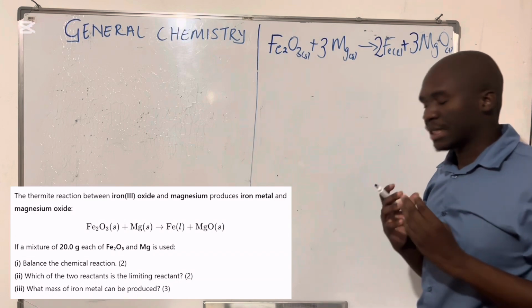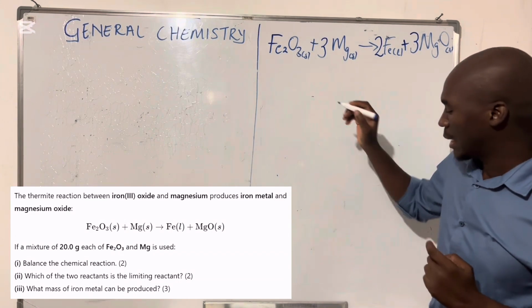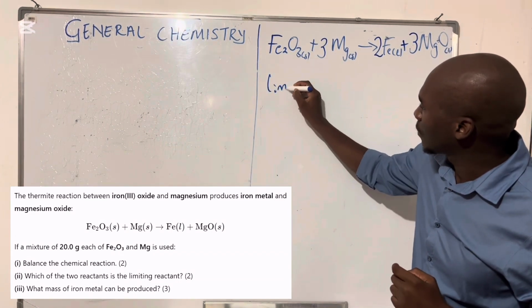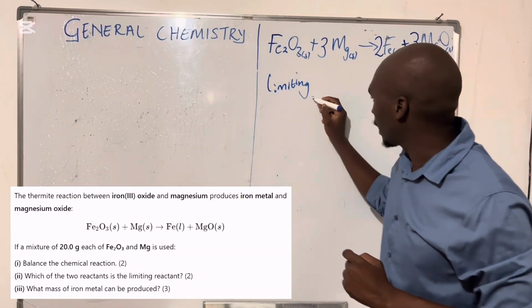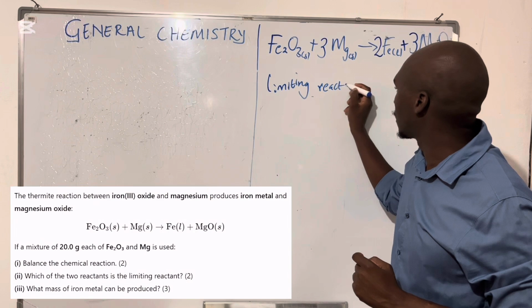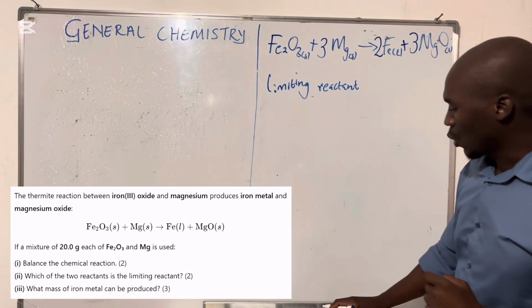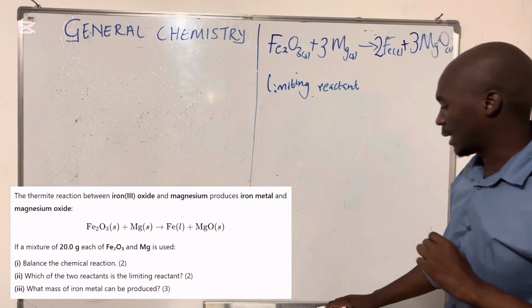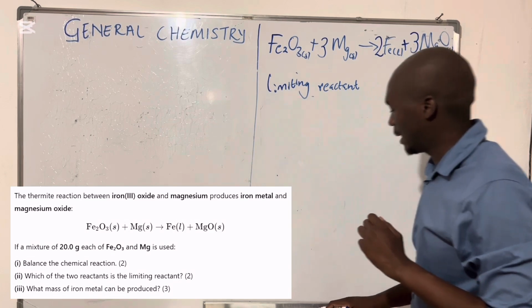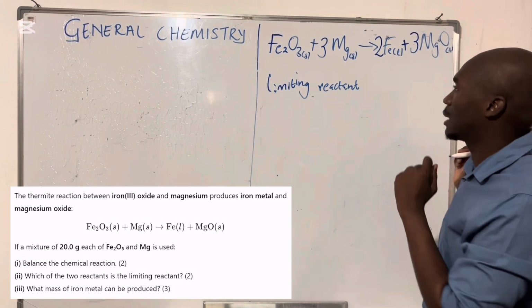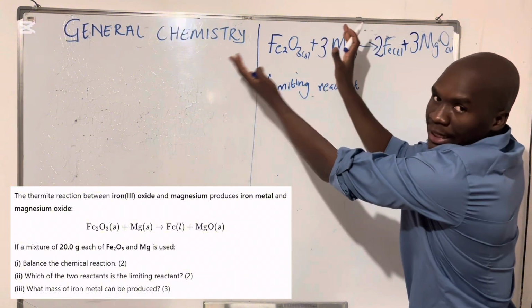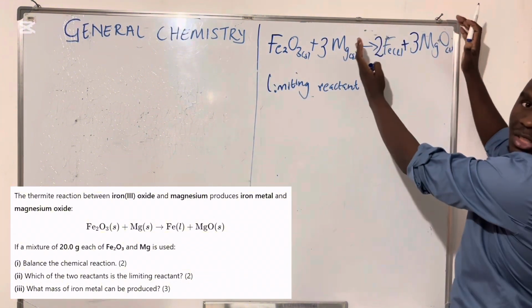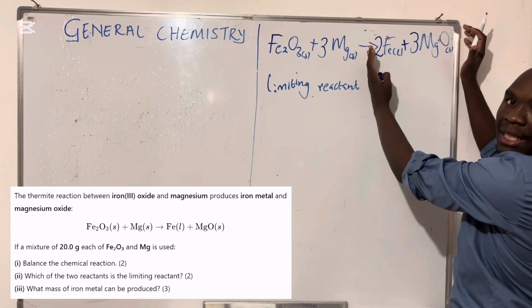So another question says, which one is the limiting reactant? What you need to check is that the ones written on the left hand side are the reactants, and the ones written on the right hand side are the products.